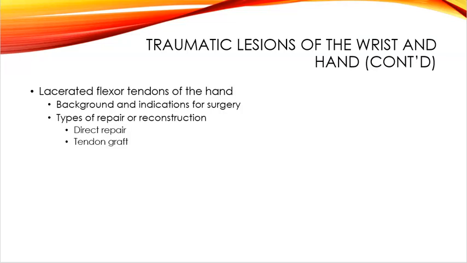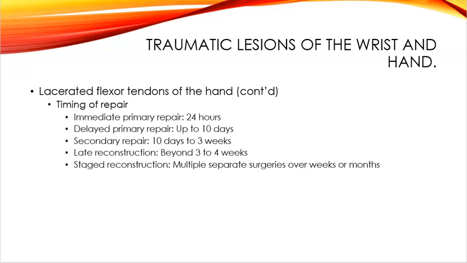If they have a laceration to the flexor tendons of the hand, obviously they would be a candidate for surgery. They might have been performing construction work or some kind of work activity where this occurred, and they might have a tendon graft.